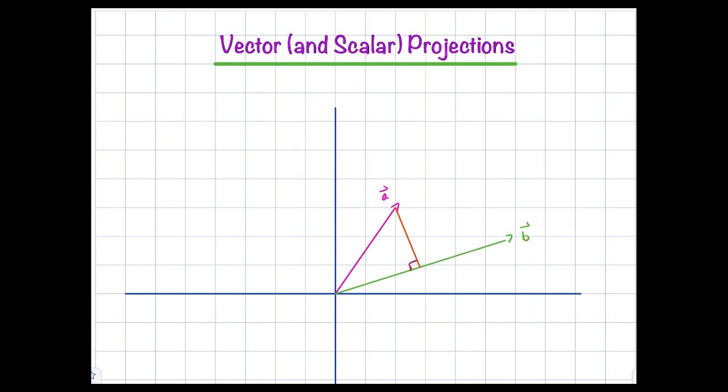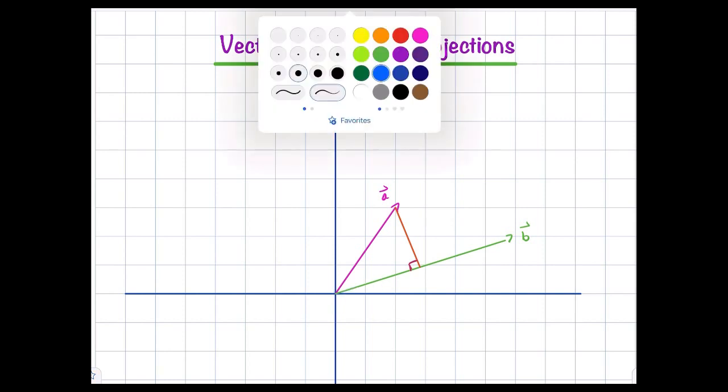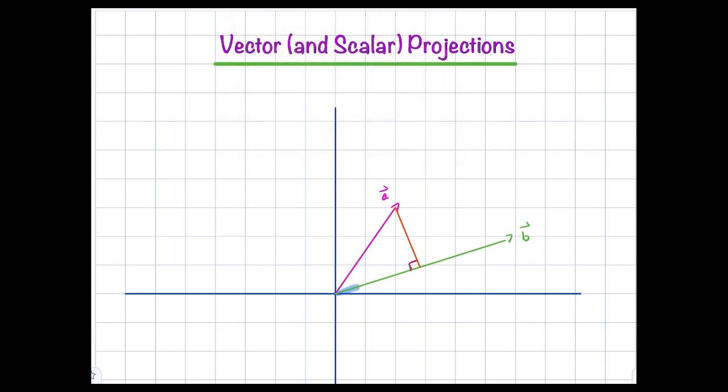So I get this line segment that connects A to B at a right angle. And this is absolutely correct. What we do is then go along B to that point, and we take this piece of B, right? This bit of B, and call that. This is what's called the vector projection.